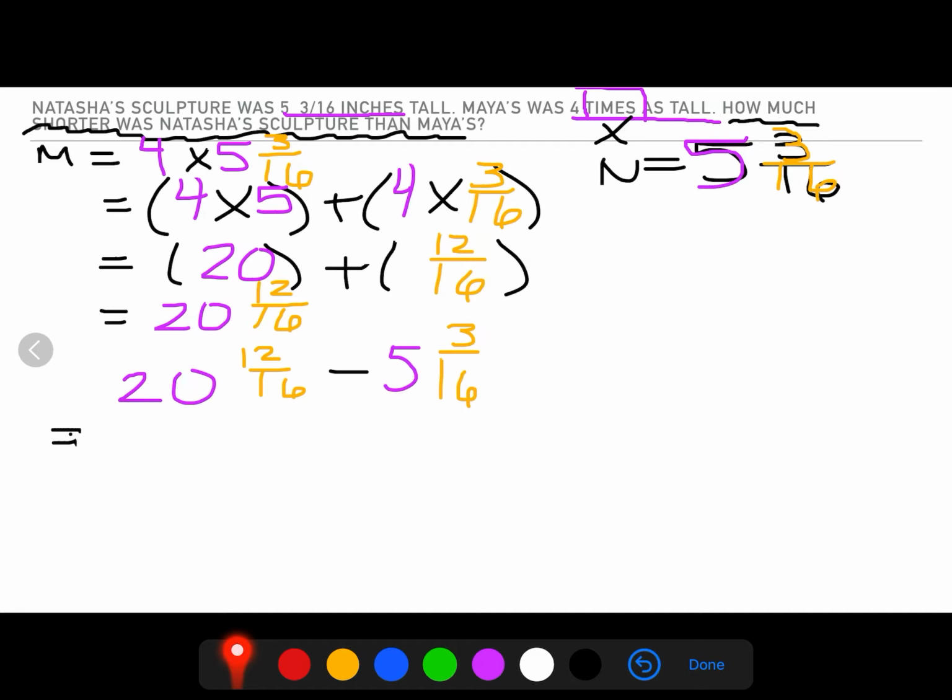Go ahead and subtract like terms. 20 minus 5 is 15. And now 12/16 minus 3/16. What'd you get? That's right, 9/16. 15 and 9/16 represents how much shorter Natasha's sculpture was than Maya's.